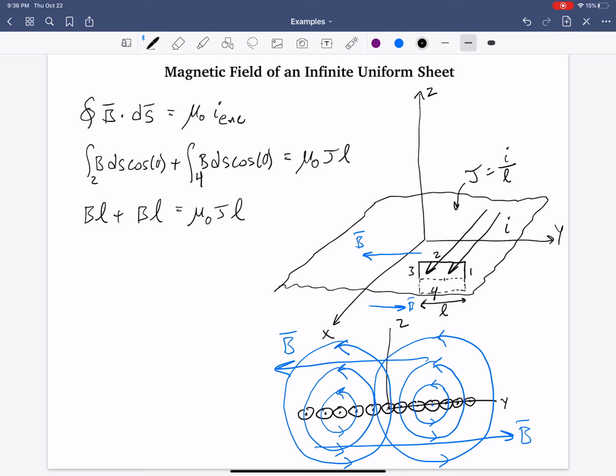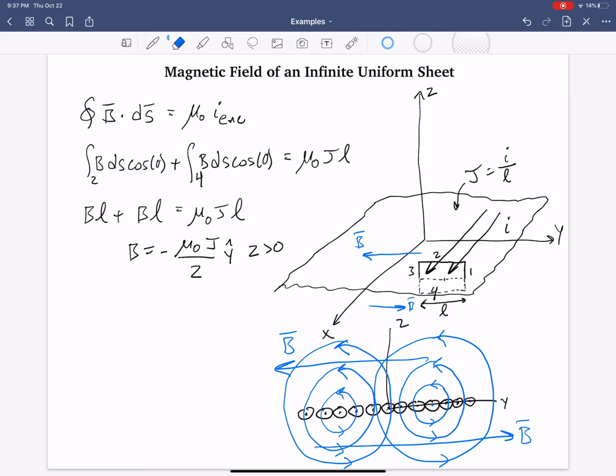Guess what? The L's cancel, and we have 2B, which turns out to be mu naught times the current density over 2. That's the magnitude, and the direction depends on where you are, right? It's minus y hat for z values greater than 0.